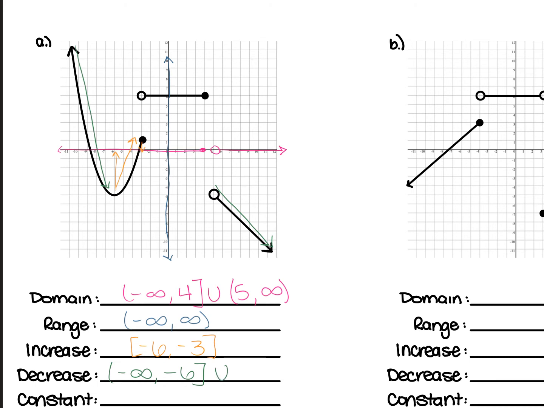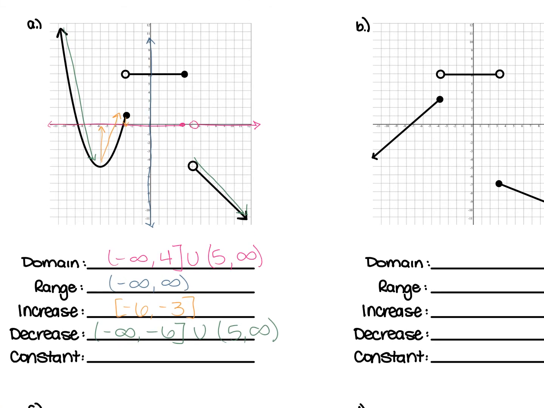The 5 has an open circle on it, so it's going to get a parentheses. And that infinity does as well. Next, you have a constant at the x values of -3 to 4. Open circle on the -3, closed circle on the 4. So the -3 gets the parentheses, the 4 gets the bracket.